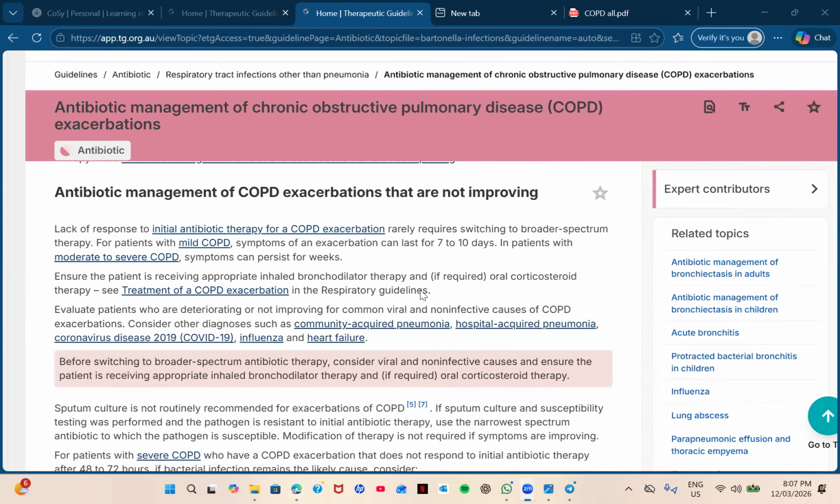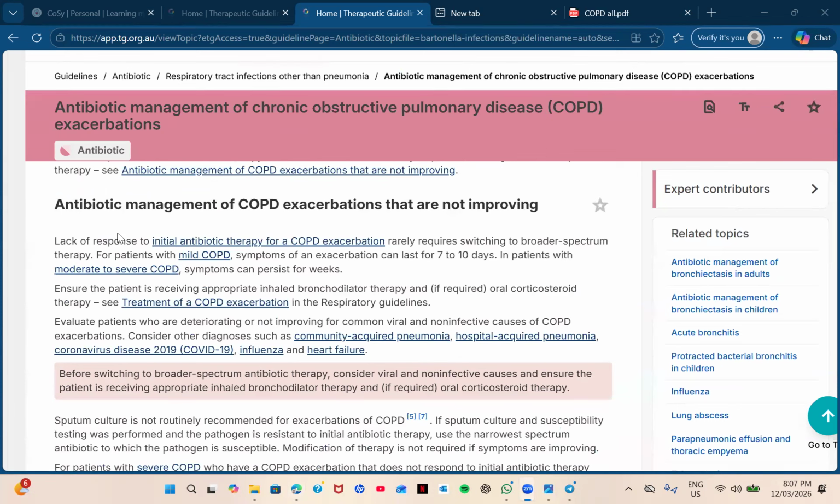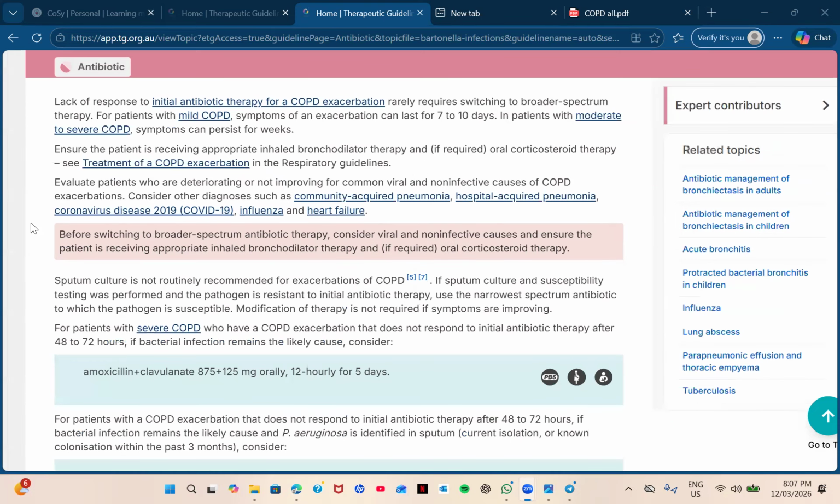If the initial antibiotic therapy fails and the exacerbation is not improving, lack of response to the initial antibiotic therapy rarely requires switching to broad-spectrum therapy for patients with mild COPD. Symptoms of exacerbation can last 7 to 10 days. In patients with moderate to severe COPD, symptoms can persist for weeks.